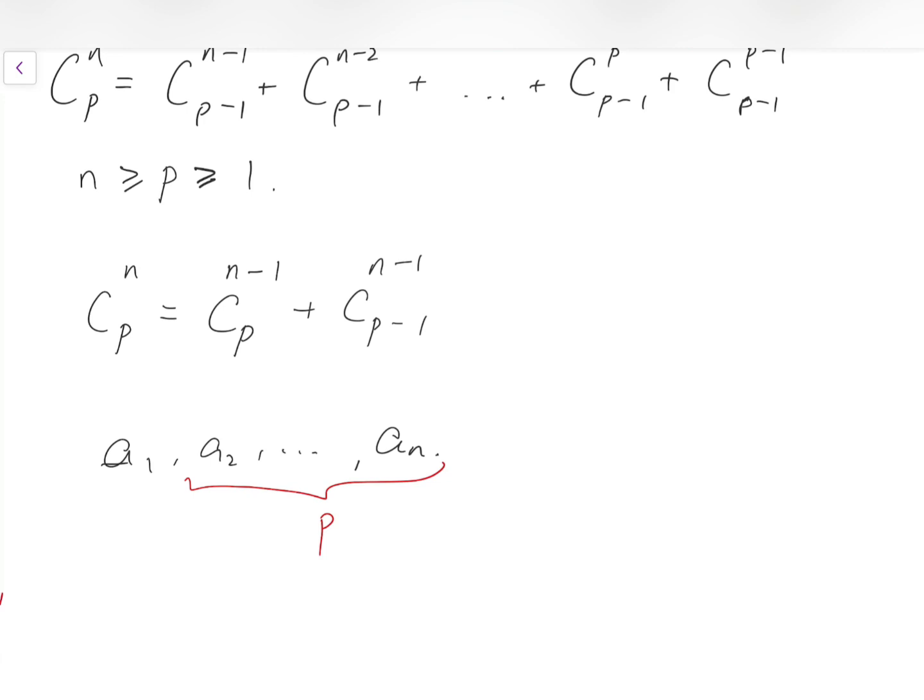So this tells us that this identity holds for all n and p.